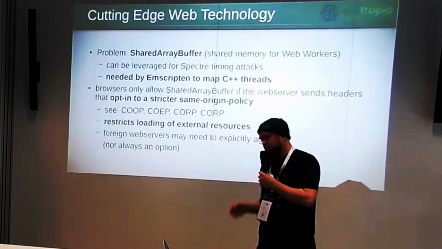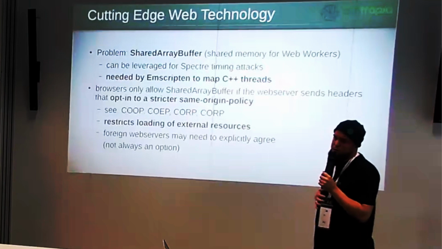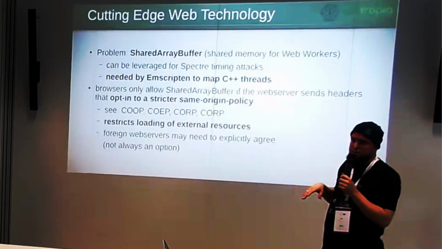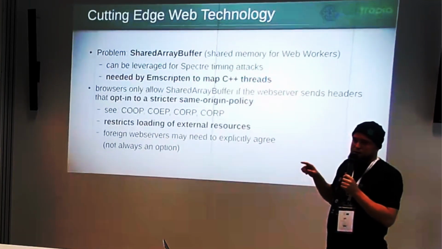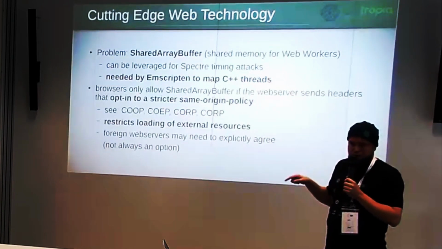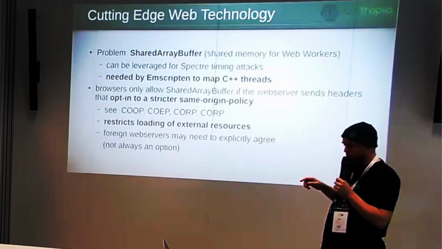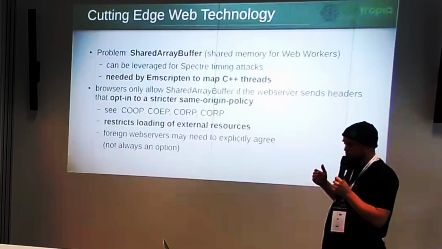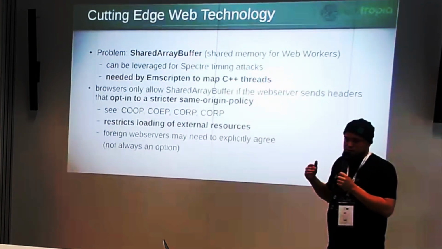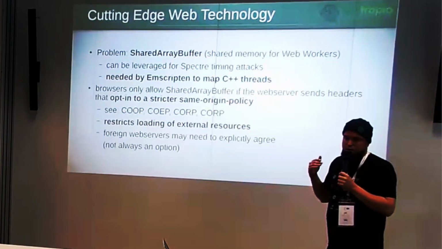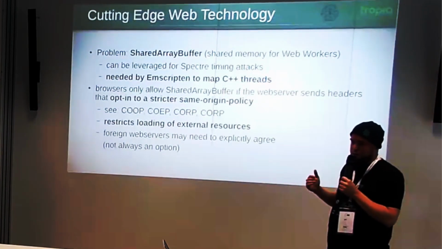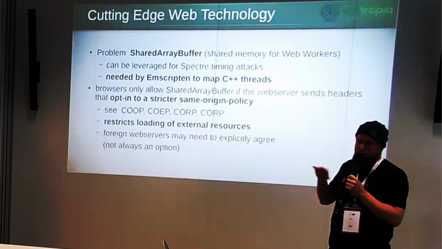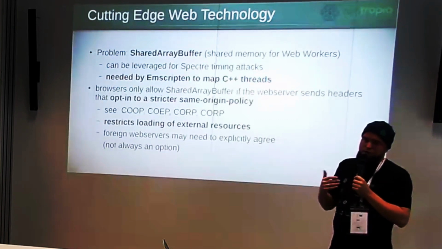To nail it down a little more to the technology, I come back to the shared array buffers I talked about before. You need them to share memory between those web worker processes. In the end, the web browser vendors decided you can only use shared array buffers when you agree to certain restrictions about loading stuff from different origins.